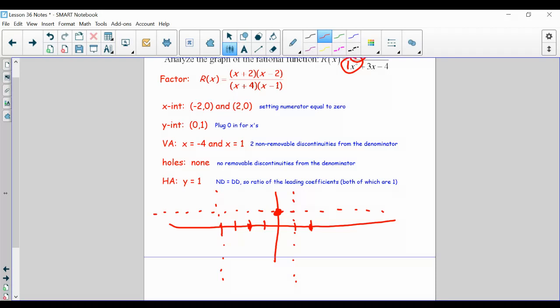Okay, so we're going to start with the middle of the graph here because we get an x-intercept right here, and we get the y-intercept here. And because this x-intercept here at -2, that's x plus 2 to the first, it means it's going to cross through at that spot. It's not going to bounce. So in order to cross through there and to cross through there, that means we would have to come from down here, cross through, go like so.